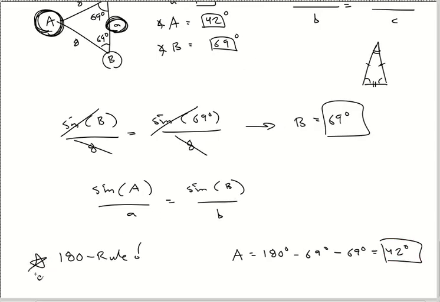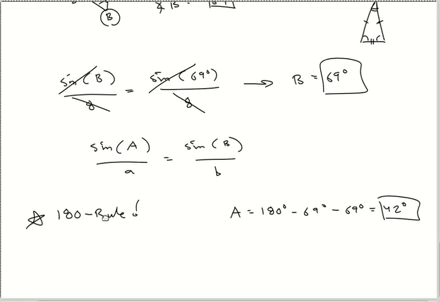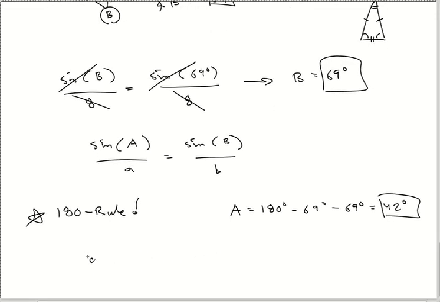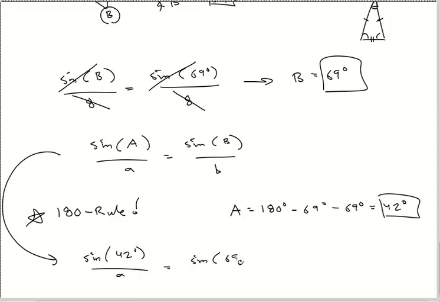So, again, it's not the first thing I do often. I mean, I could have probably done it the first time, but it's a good backup. Okay, now that I got that, I can actually use this, I believe, because sine of A, I know A is 42. Little a, I do not know yet. Sine of B, I know B, it's 69 degrees, right? And then divided by 8 still.